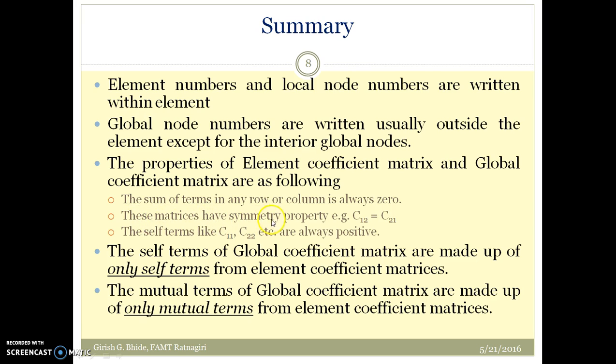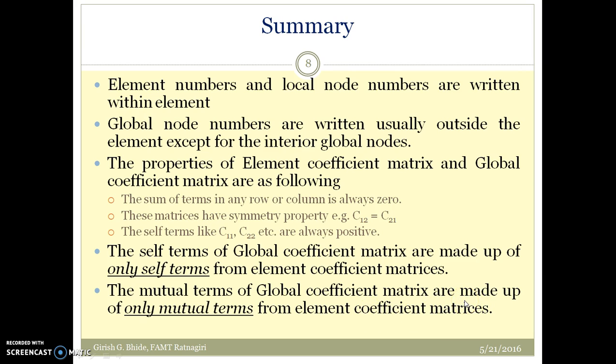These matrices have symmetry property. C12 is equal to C21, for example. The self terms like C11, C22, etc. are always positive. The self terms of global coefficient matrix are made up of only self terms from element coefficient matrices. The mutual terms of global coefficient matrix are made up of only mutual terms from element coefficient matrix.